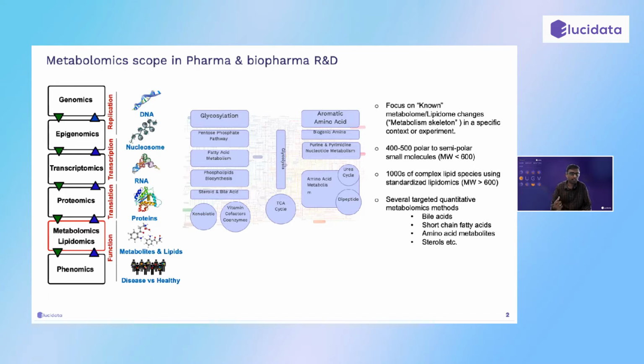But we feel that there are many more interesting features that we can learn from this known metabolome in various contexts. These include small molecule metabolites, ranging from 400 to 500 metabolites that define the basic metabolic skeleton, which have a molecular weight of less than 600, or even complex lipid species, which number in the thousands and can be characterized by standardized lipidomics platforms.